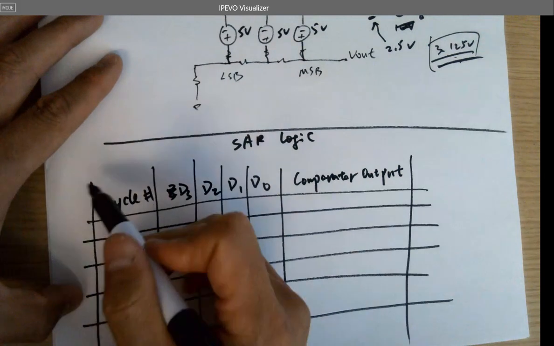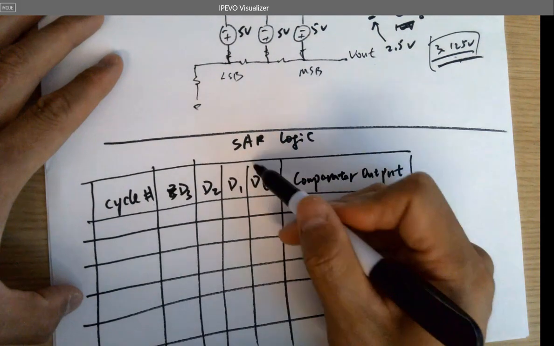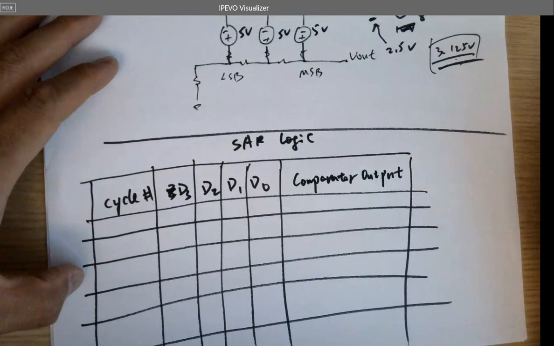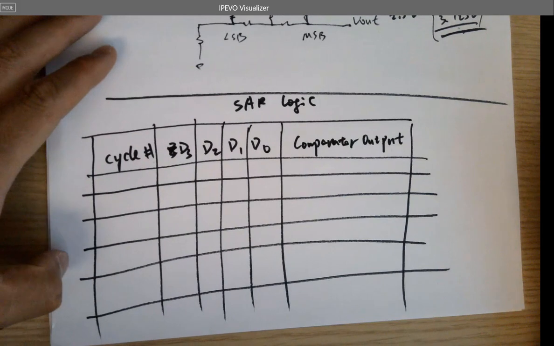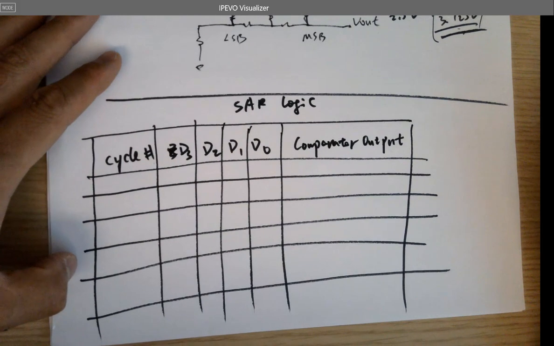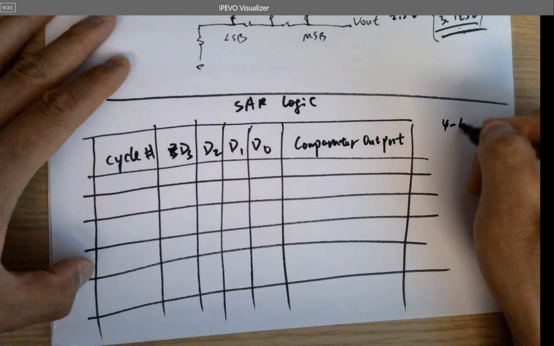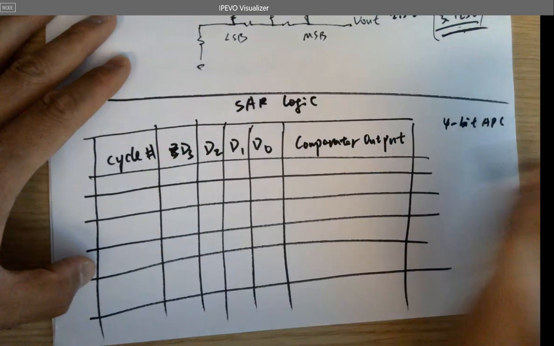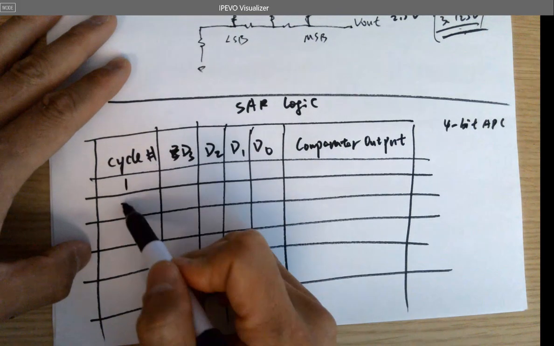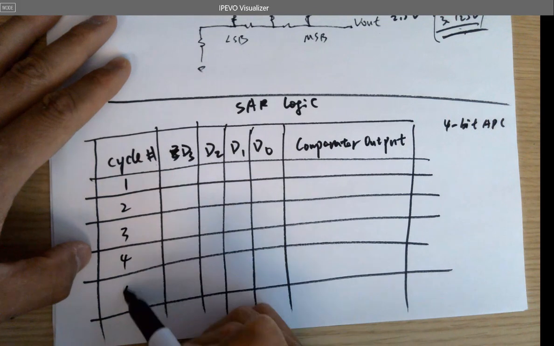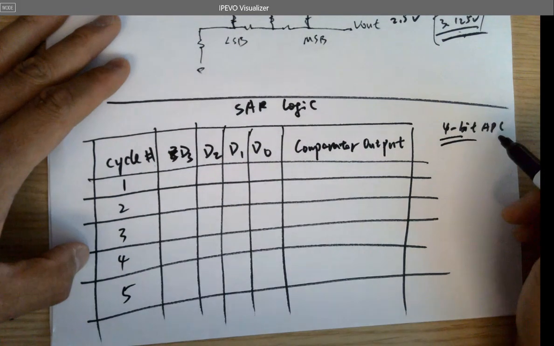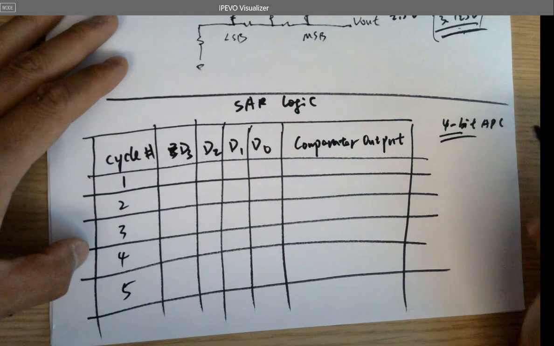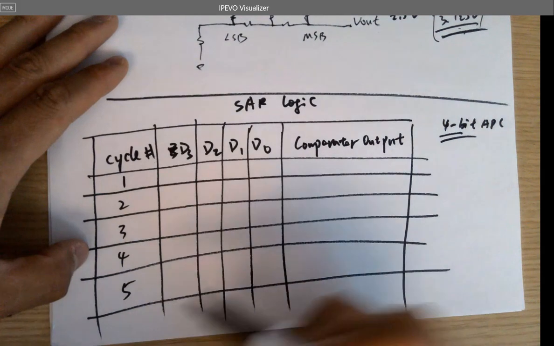First question, what's the resolution of this ADC? It's a 4-bit. So cycle 1, cycle 2, cycle 3, cycle 4, cycle 5. For a 4-bit ADC or star ADC, we need 5 cycles to finish the conversion.